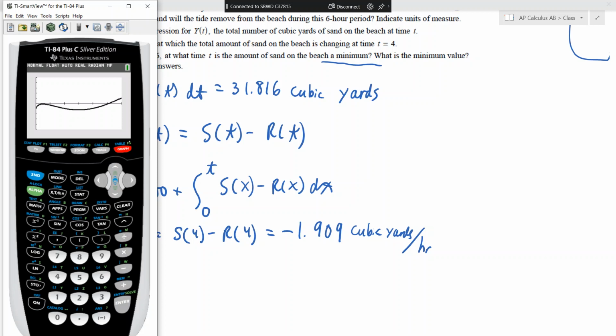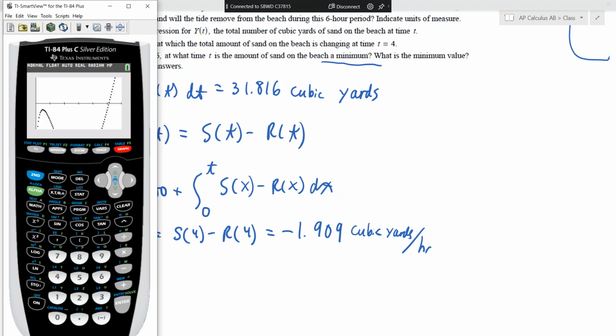It looks like there's maybe an intersection over there in between 0 and 1. You guys see that? So I might zoom in my y just to see this. Watch this. If you go to window and I make my y a lot smaller, negative 1 to 1, I'll be able to see if it hits it there or not, and it doesn't. Is that okay? So there's only one critical value.